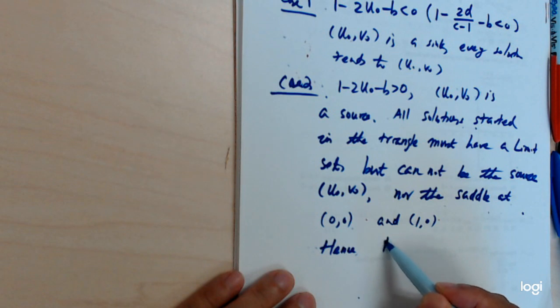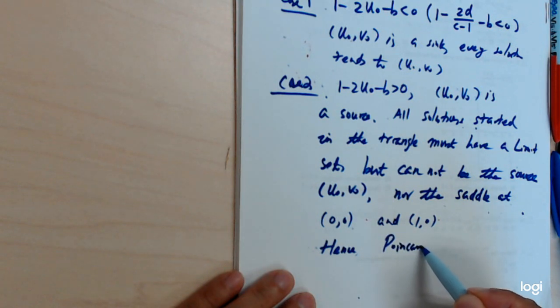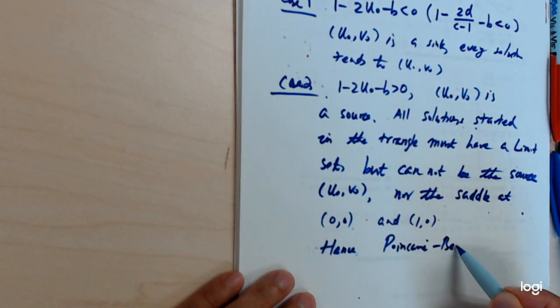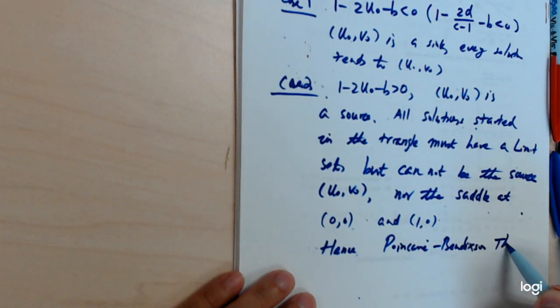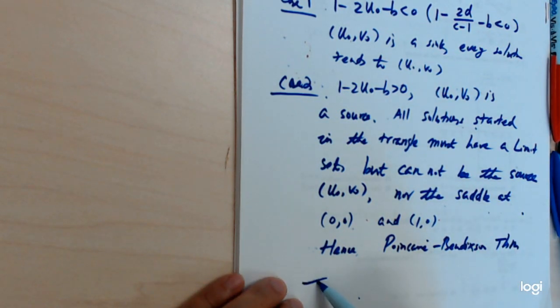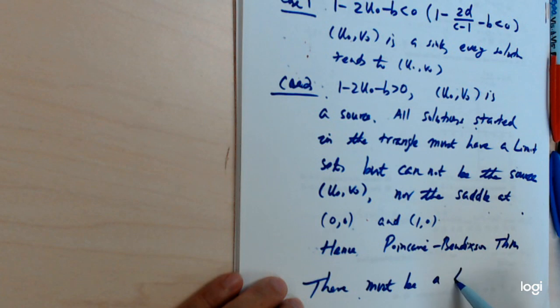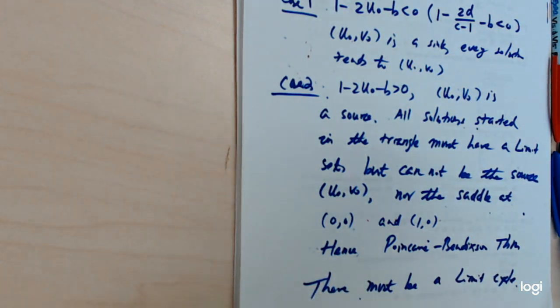Hence, by the Poincare-Bendixson theorem, there must be a periodic solution, there must be a limit cycle. So this proves the existence of a limit cycle.